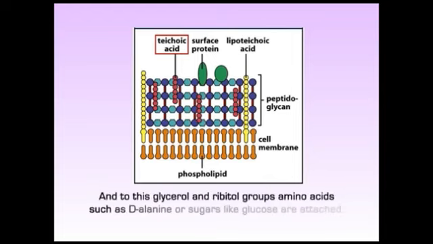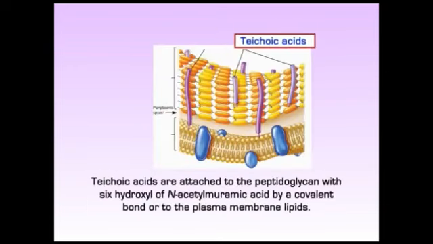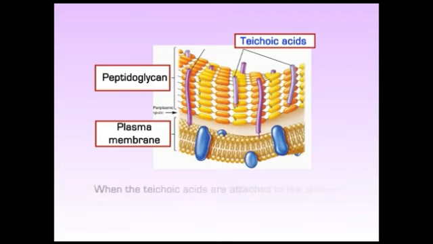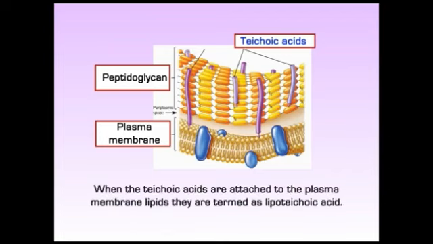And to these glycerol and ribitol groups, amino acids such as D-alanine or sugars like glucose are attached. Further, teichoic acids are attached to the peptidoglycan with 6-hydroxyl of N-acetyl muramic acid by a covalent bond, or to the plasma membrane lipids. When these teichoic acids are attached to the plasma membrane lipids, they are termed as lipoteichoic acid.